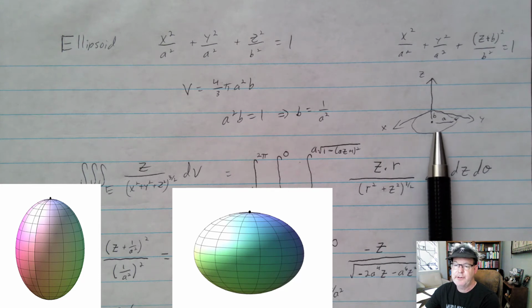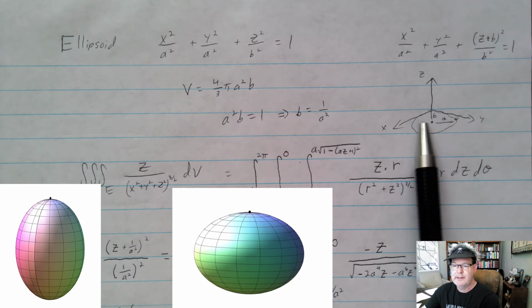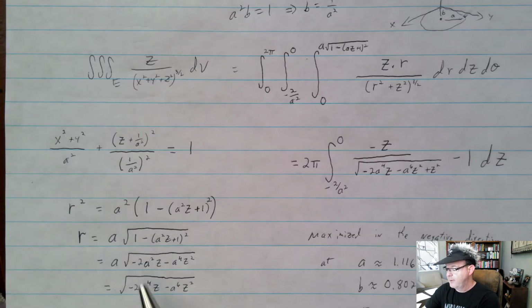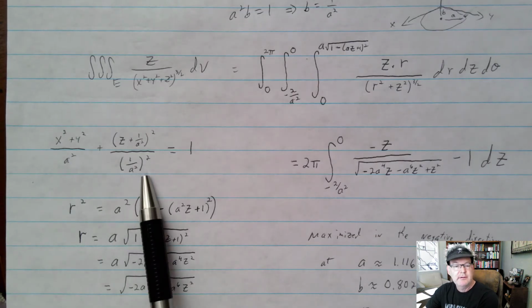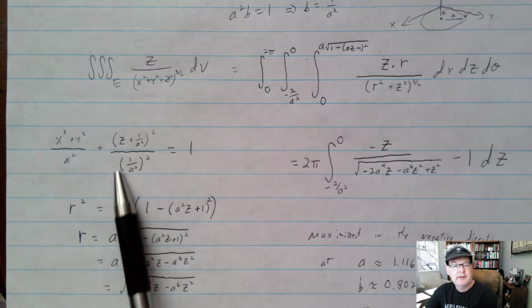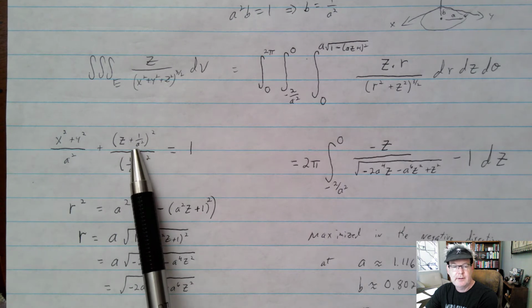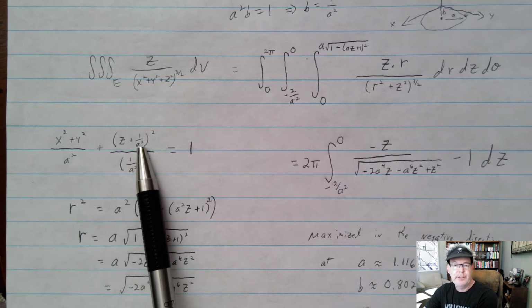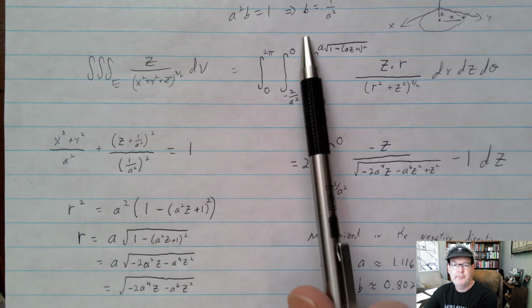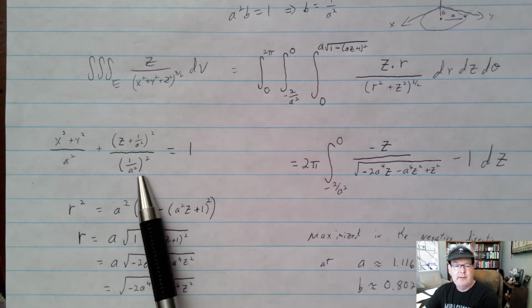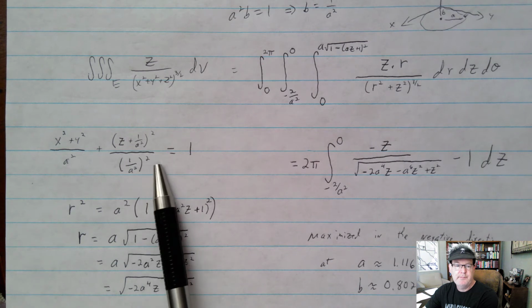So this ellipsoid has horizontal slices that are circles. So again, if I put this in cylindrical coordinates, that'll be r squared over a squared. So the center is at 0, 0, negative 1 over a squared. That's the b, and then b squared.